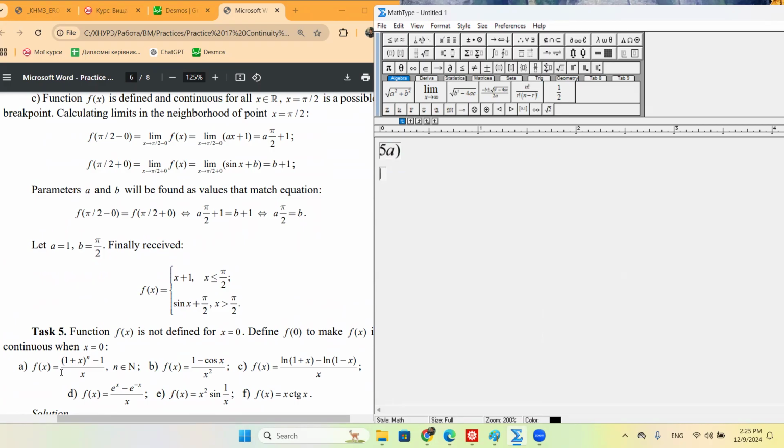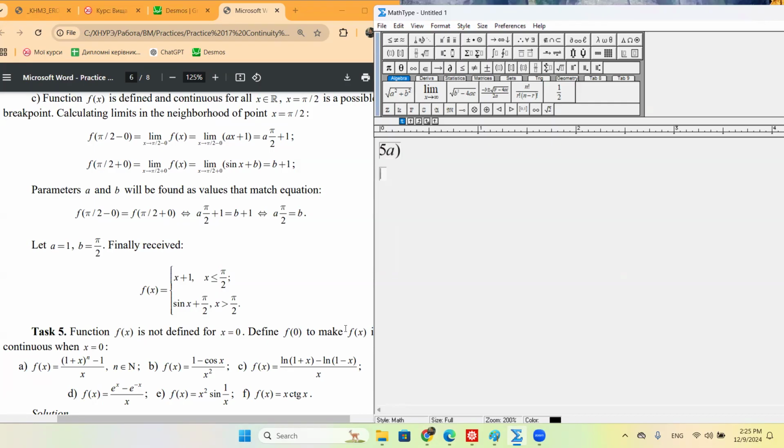So we have the following task. A function f of x is not defined for x equals 0. So in all these examples, x equals 0 is a breakpoint.